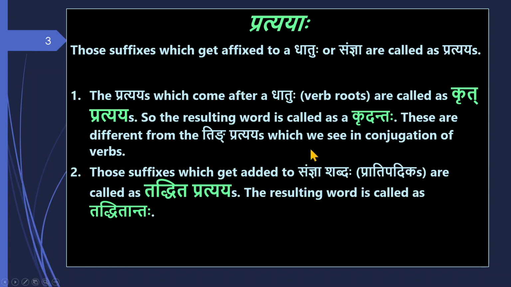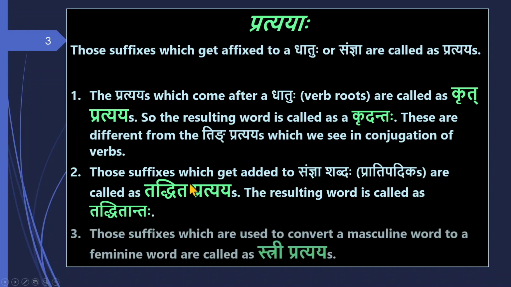So those suffixes which get added to verbs are called Kridantas, whereas those suffixes which get added to nouns and pronouns etc. are called Taddhita Pratyaya or Taddhitantas. Those suffixes which are used to convert a masculine word to a feminine word are called Stri Pratyayas.